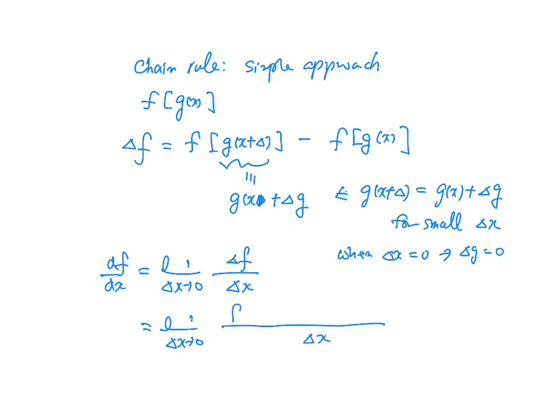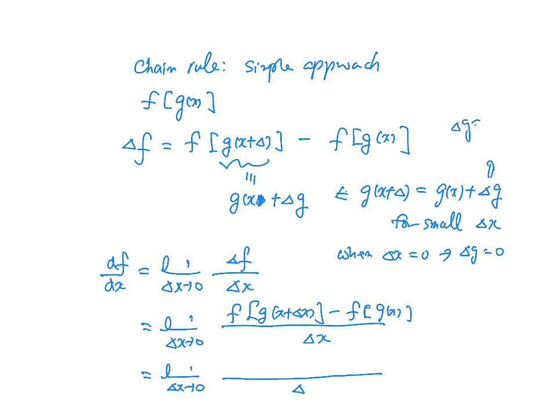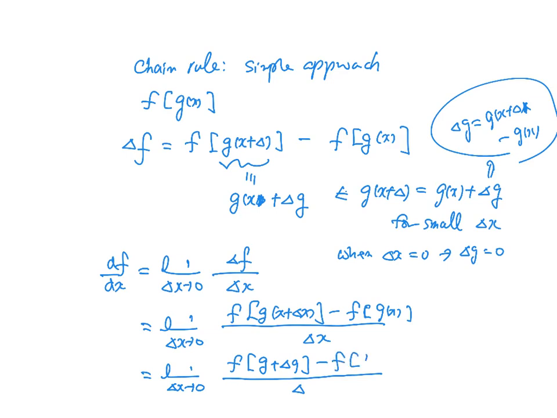So that's f of g(x plus delta x) minus f of g(x), over delta x. And delta g is actually g(x plus delta x) minus g(x), right? So it can be written as f of g plus delta g minus f of g.